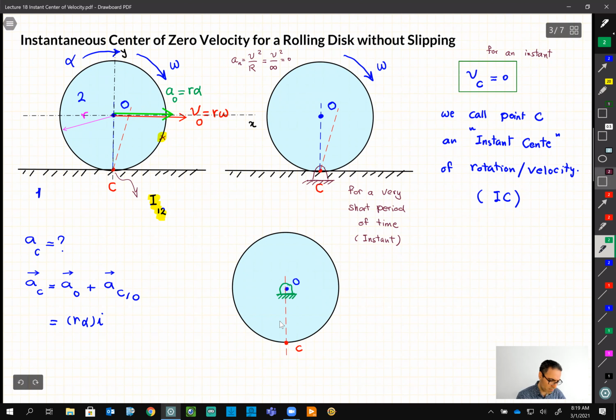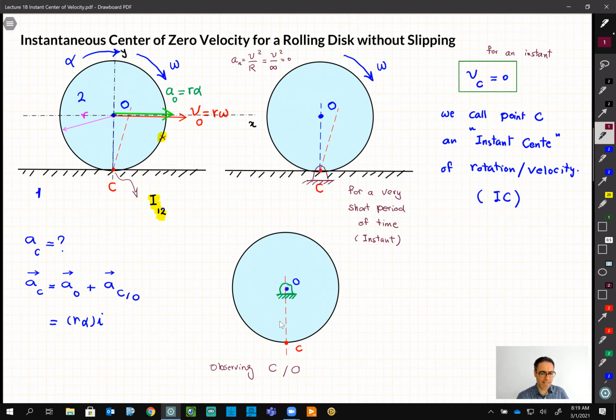So this is the meaning of point C with respect to O, observing C with respect to O, okay?